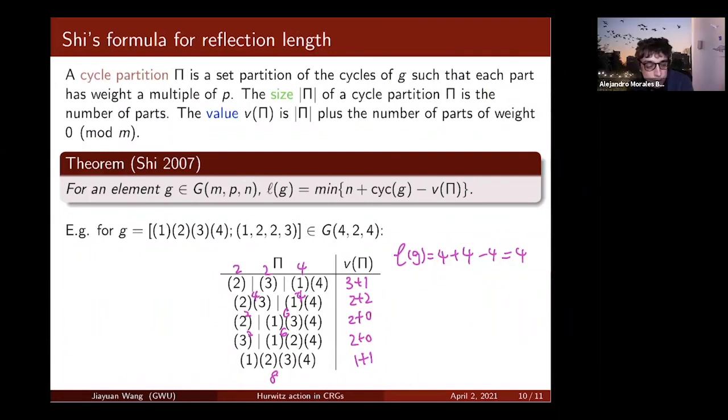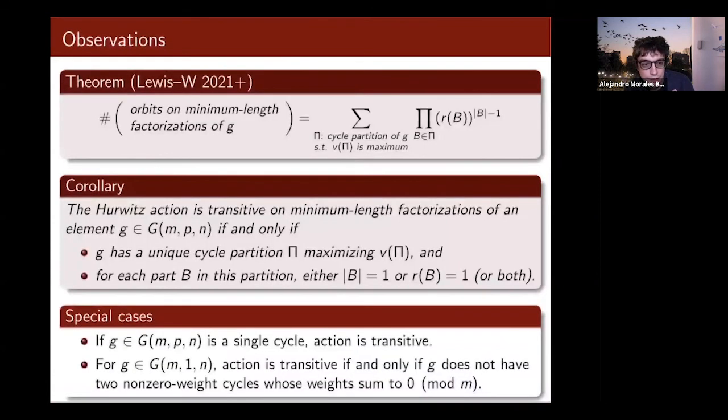And I have another question. You gave some criteria for some special groups, for the dihedral, in terms of there being only 2 cycles whose weights are 0. Do you have one for G(m,m,n)? Is there something like a general criterion? Yeah, it's not going to be as nice as this one.